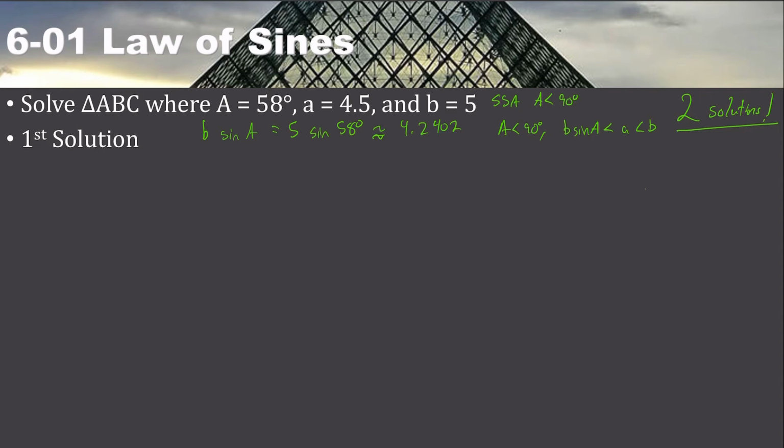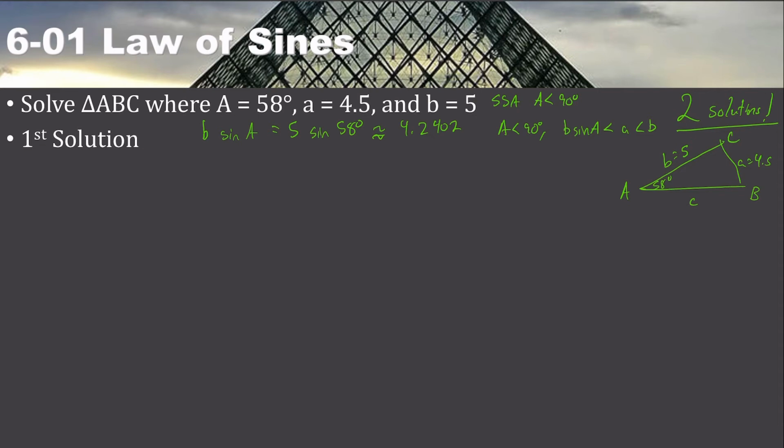So for our first solution, let's call this angle A, this angle B, that one angle C. So this is side c, side a, which is 4.5, and side b, which is 5.